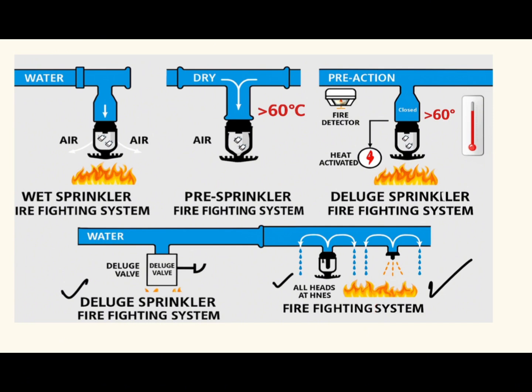So in this diagram, you can now clearly see. For instance, this first one is a wet sprinkler firefighting system. In this particular system, as we have discussed in our previous video, the pipes are filled with water and it is heat activated, right?